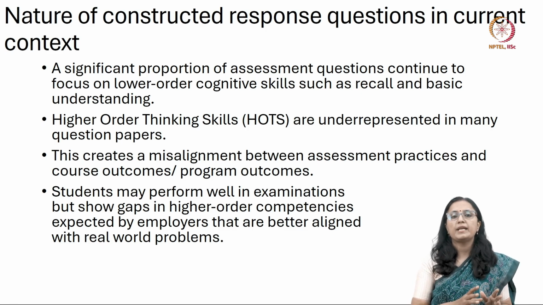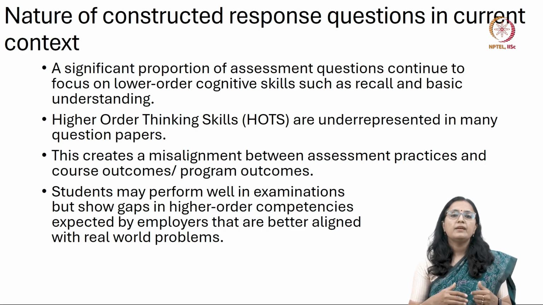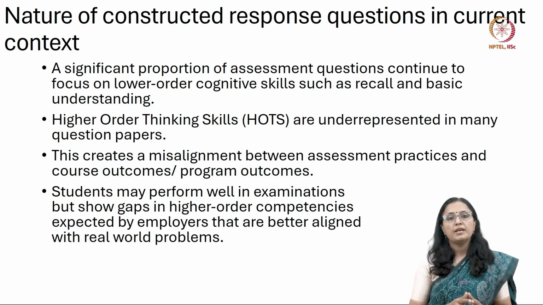So, even though a student has scored very high marks in the examination, that examination paper only restricts the assessment to lower order thinking skills. So, how do we ensure that students' high marks actually represent the attainment of all the course outcomes for a course? And we know that most of the course outcomes are from higher order thinking skills.